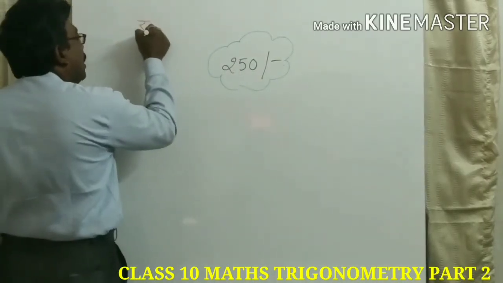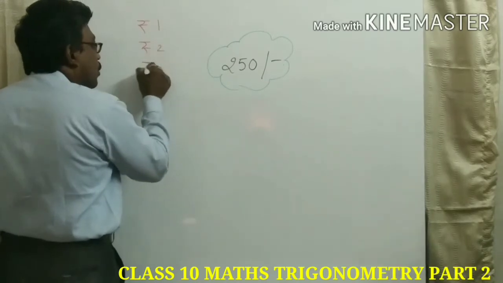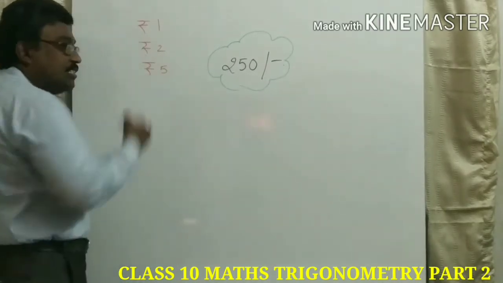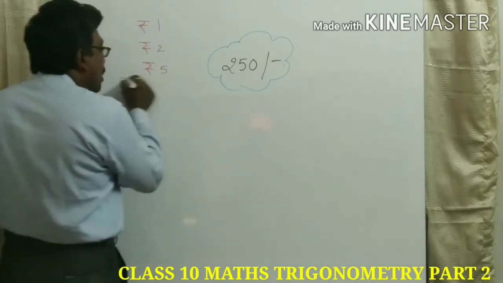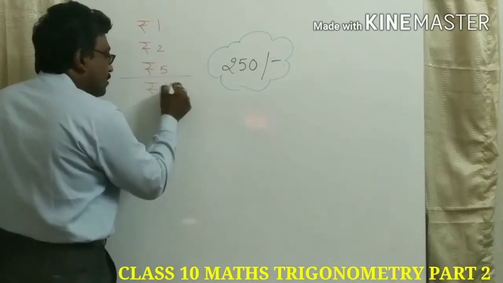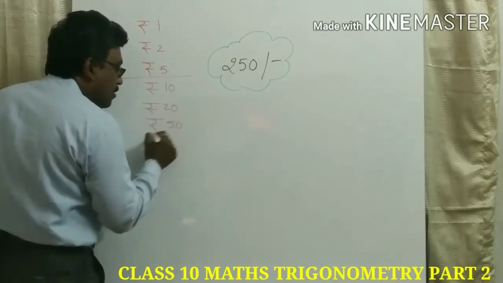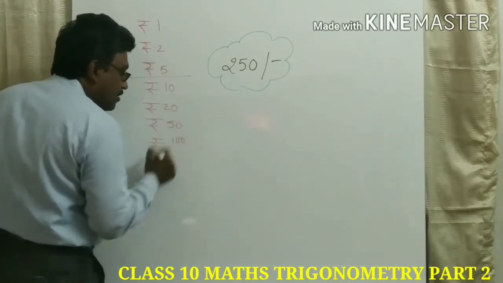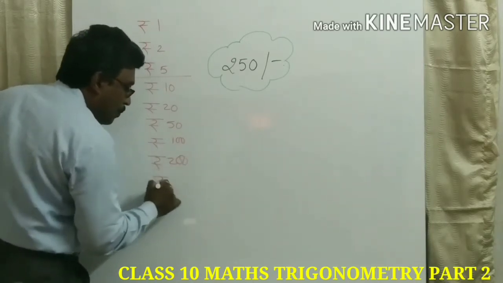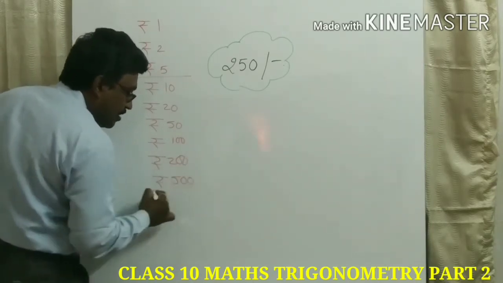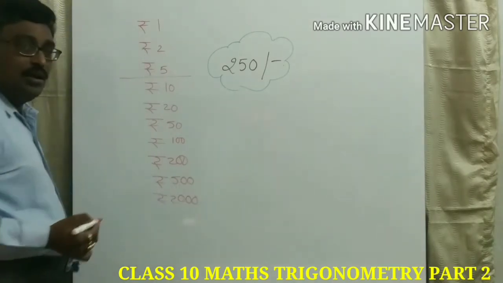We have rupees 1, 2, 5, which are coins or notes, and rupees 10, 20, 50, 100, 200, 500, and 2000.